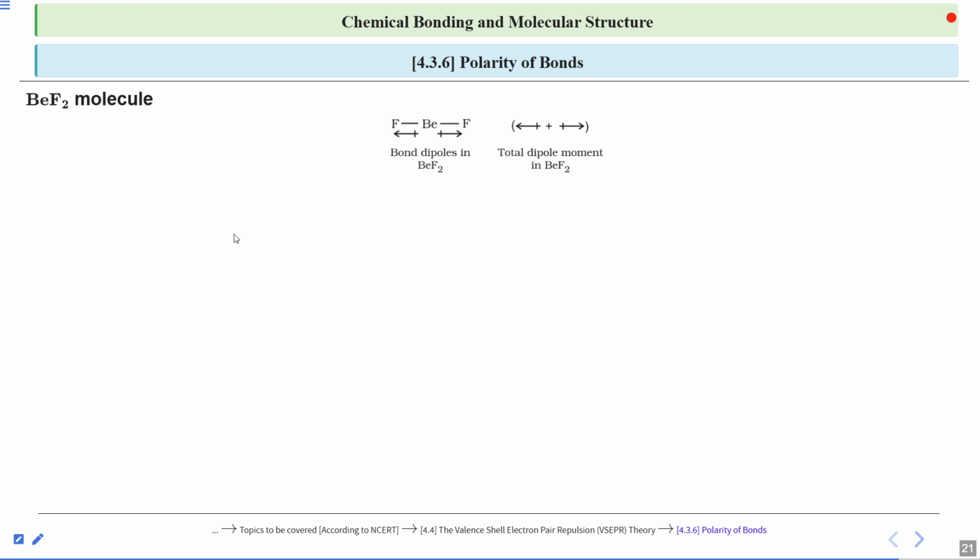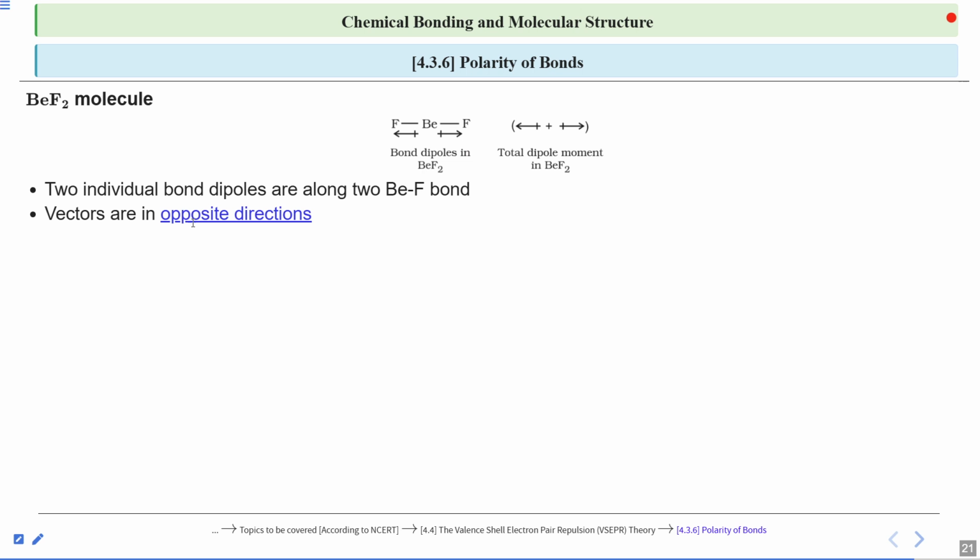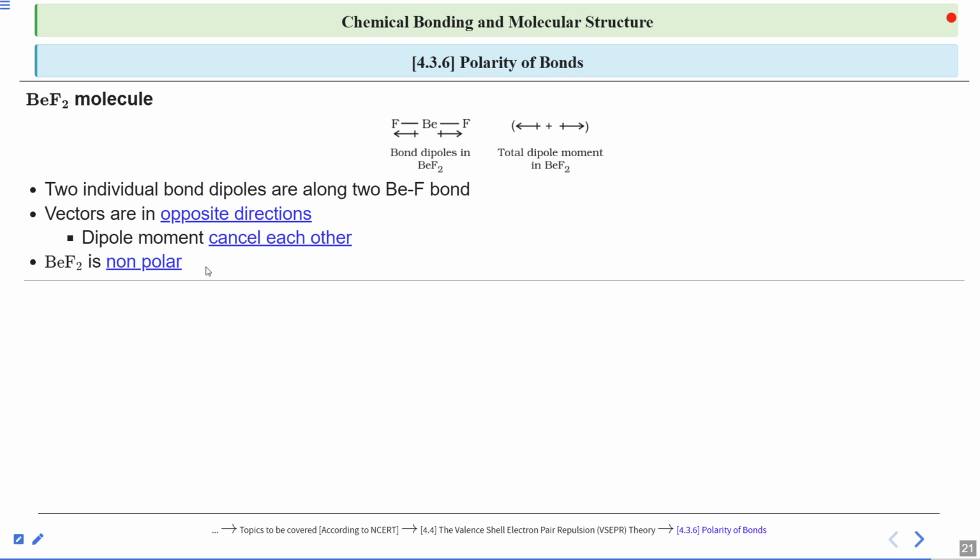So these two individual dipoles are along the Be-F bonds, but in opposite directions. As a result, these dipole moments will cancel each other and BeF2 will be non-polar in nature. I hope this is clear to you.